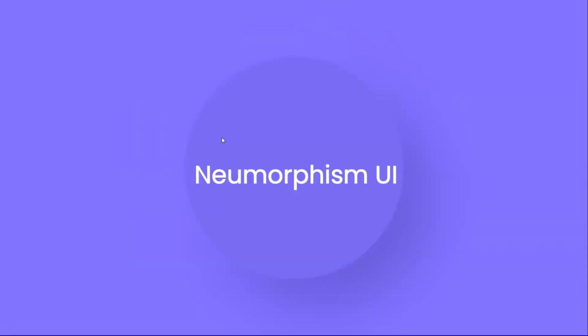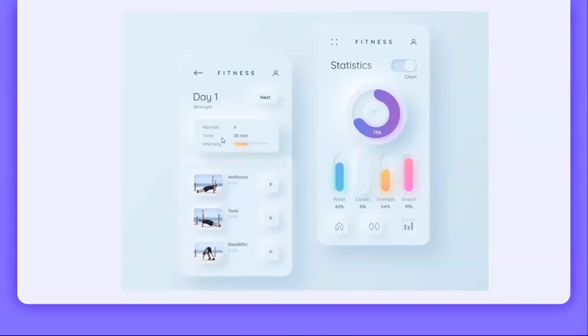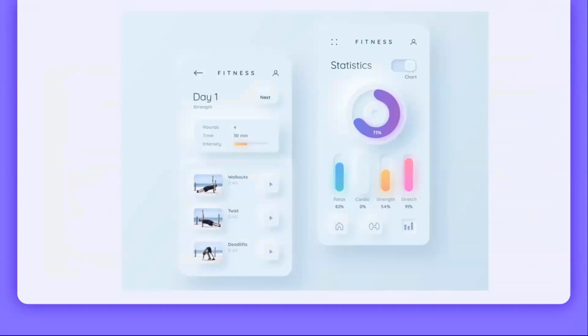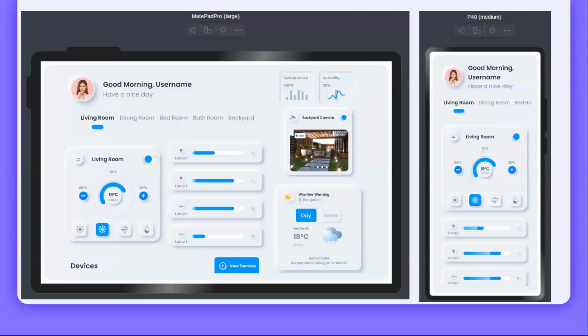And now we will move to what neumorphism looks like. So this is how neumorphism looks like. In this, you can see that it almost looks as if the components are extruding above the surface, and it gives it an almost 3D-like look. For the library which I developed for HarmonyOS, I basically made a library so that you can use all these components in your designs.